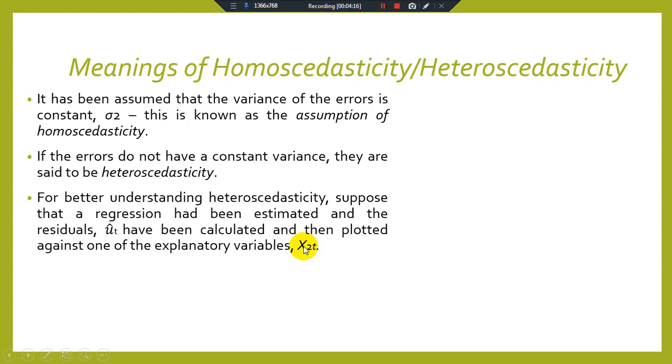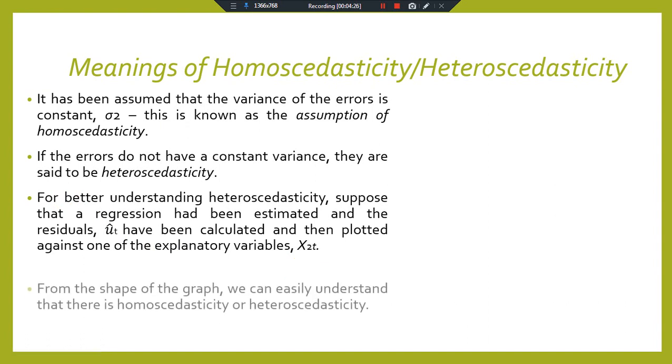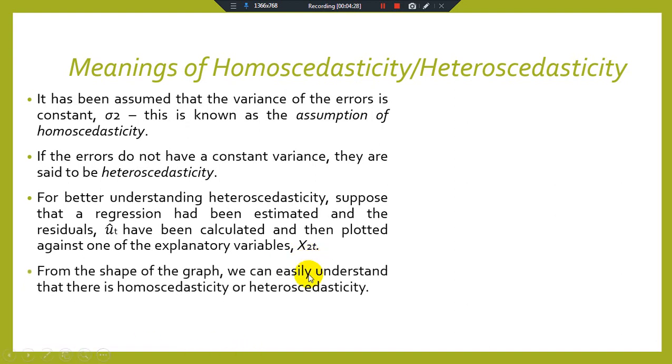If there is any type of trend between the two, then we can say that the variance of the error term is not constant. The shape of the graph will give us the idea of whether there is homoscedasticity or heteroscedasticity.